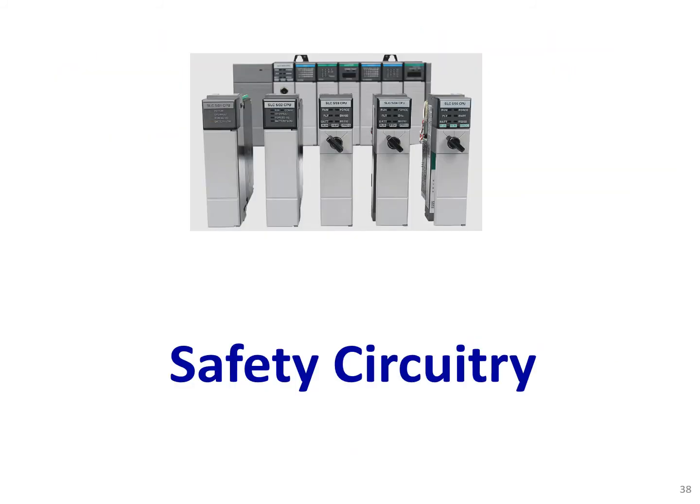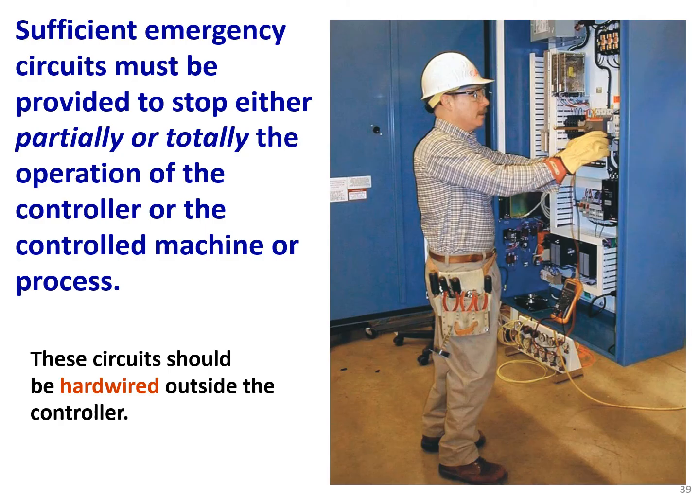Safety circuitry. Sufficient emergency circuits must be provided to stop either partially or totally the operation of the controller or the controlled machine or process. These circuits should be hardwired outside the controller.